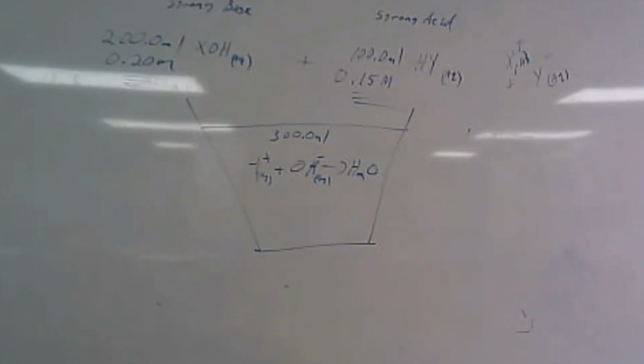The final temperature of the combined solutions. Let's just keep the change in temperature real simple to do. So the final temperature is 24.0. What was the initial again? 20.0.